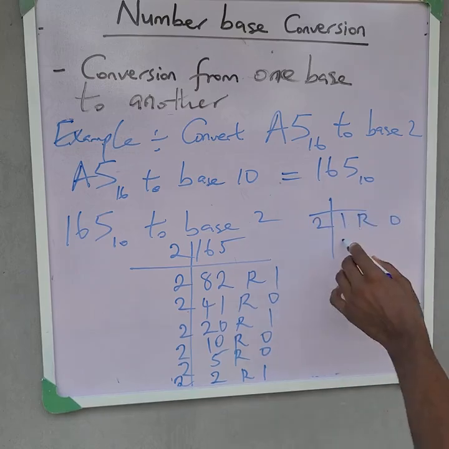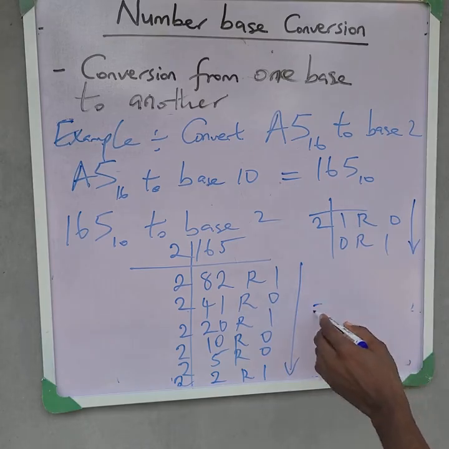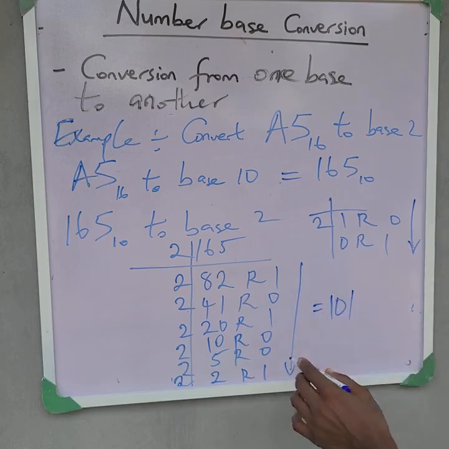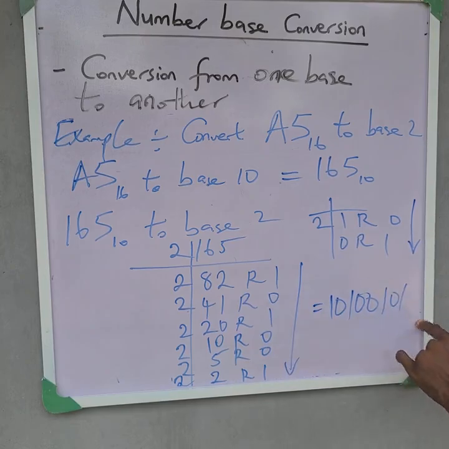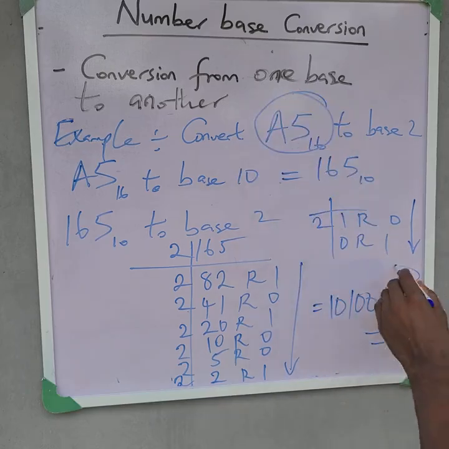And 2 into 1 is 0, remainder 1. All right, so you take your remainders starting from down. So this is equal to 10100101 base 2. So converting this to base 2 is this.